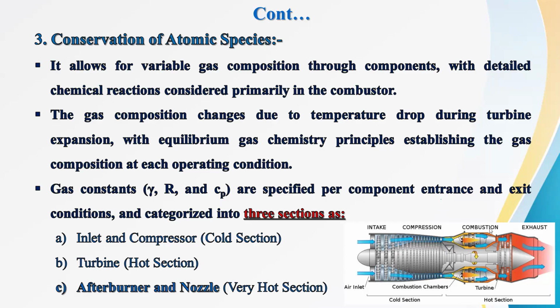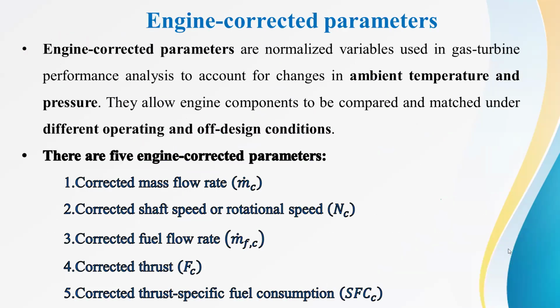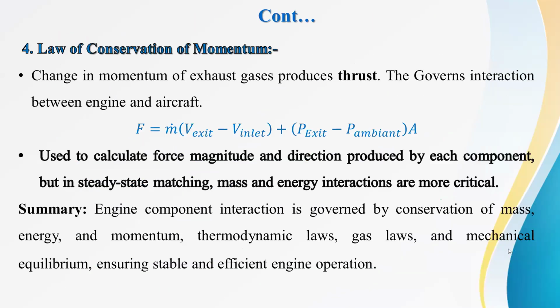Then, as the combustion products move towards the turbine and exhaust, we can see the more hot or very hot section, like in the afterburner and the nozzle sections. So that is based on atomic species conservation.